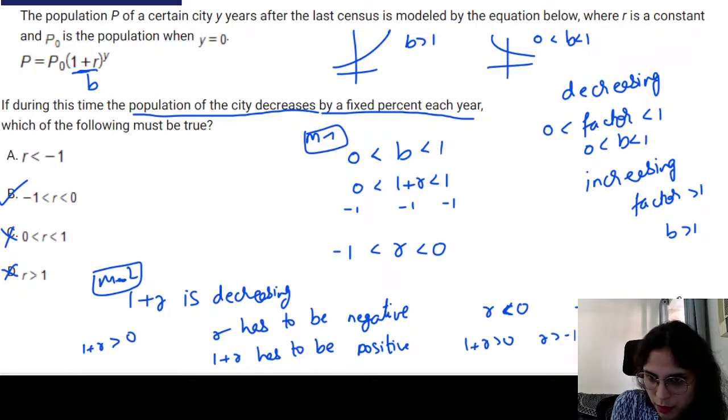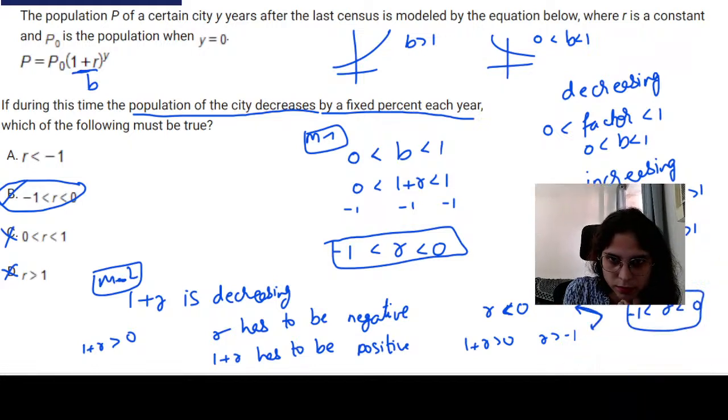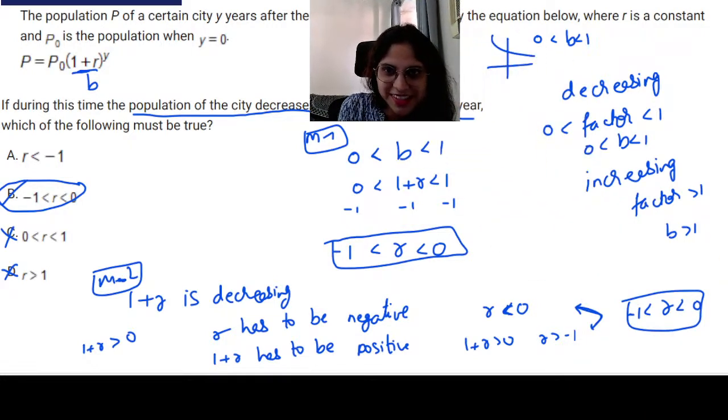Combining, r has to be between -1 and 0. Or you can solve it this way as well. For decreasing, your factor has to be between 0 and 1. The factor is 1 plus r, you subtract 1 on both sides, r is between -1 and 0. Yeah, I think you can see the answer now.